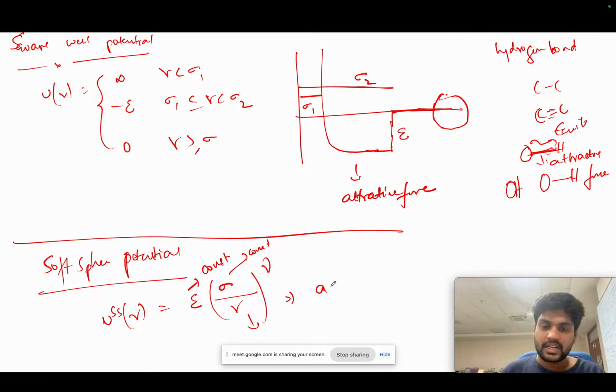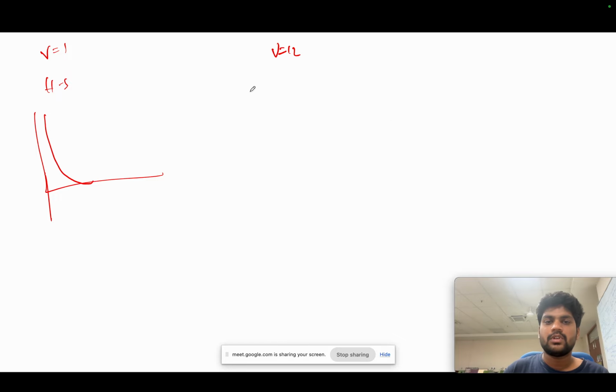Then this is written as r to the power minus gamma, and gamma is an integer. If gamma is very low, it becomes the hard sphere, so the graph will go quickly like this, and if gamma is more, it will go quickly like the soft sphere up to a certain extent.